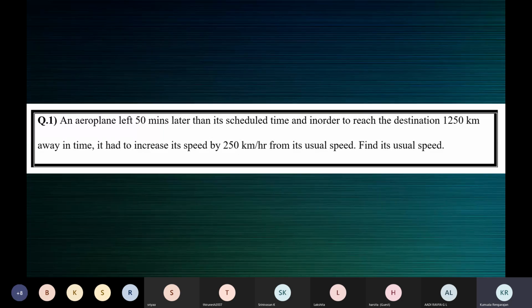So 50 by 60 hours, or 5/6 of an hour. So the equation is the difference in time taken is 50 minutes. And how do we find the difference in time taken? The case where the time taken is more minus the case where the time taken is less is equal to 50 minutes.